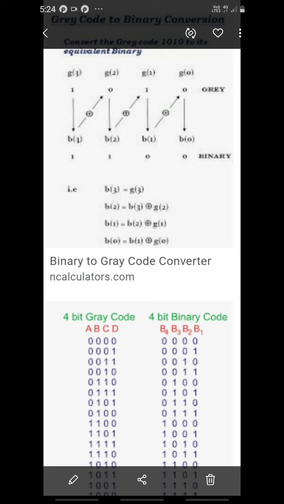So the binary form is 1100 for the given Gray code 1010.